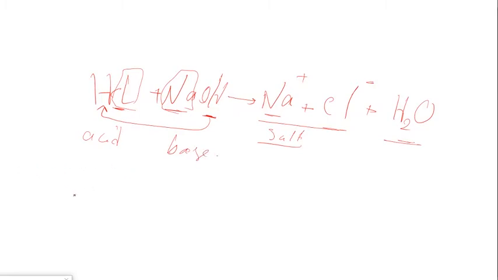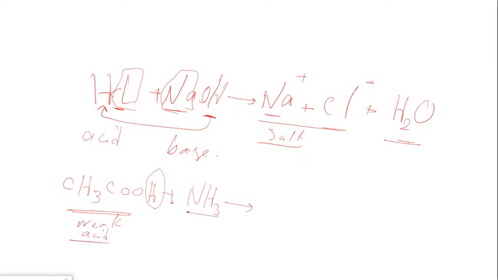Now if I look at something like a weak acid and weak base, in case of a weak acid, if I used something like CH3COOH plus something like NH3, the acid in that case, which is a weak acid, would lose the proton to the NH3.